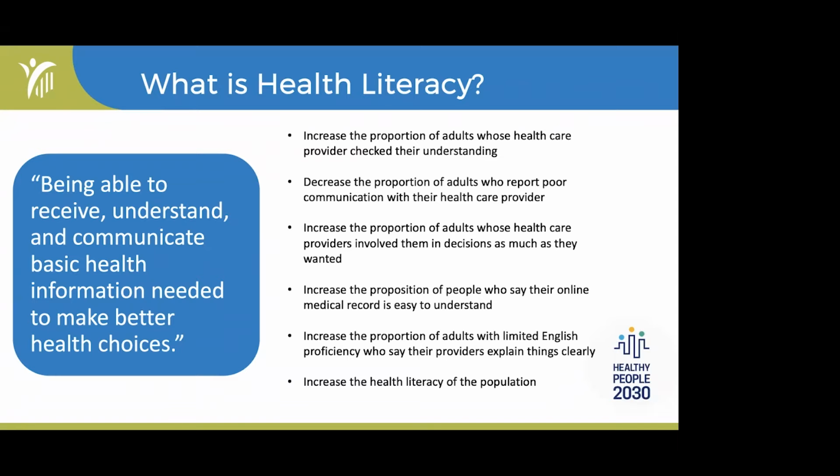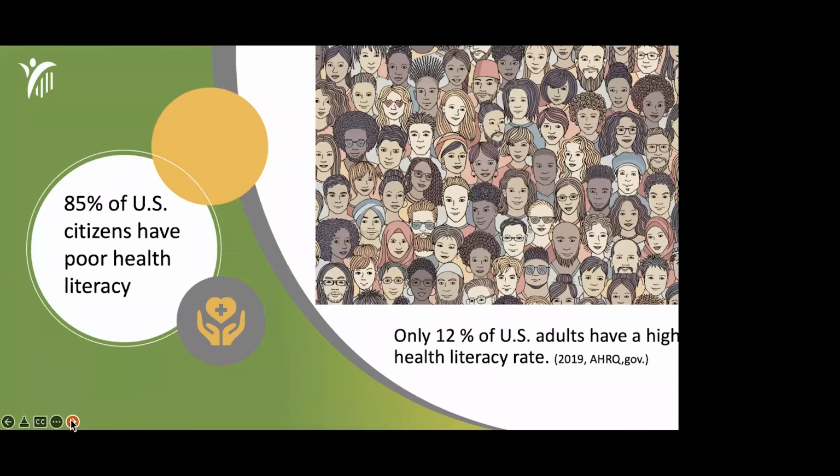They are: increase the proportion of adults whose healthcare provider checked their understanding, decrease the proportion of adults who report poor communication with their healthcare provider, increase the proportion of adults whose healthcare providers involved them in decisions as much as they wanted to be involved, and increase the proportion of people who say their online medical record is easy to understand. Oh, and there are two more, I'm sorry. Increase the proportion of adults with limited English proficiency who say their providers explain things clearly, and increase the health literacy of the population in general.